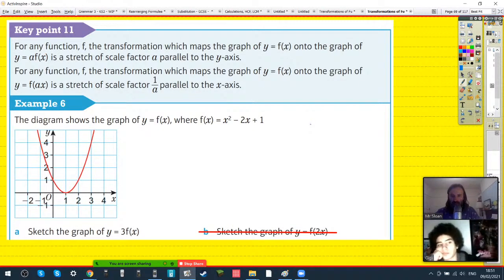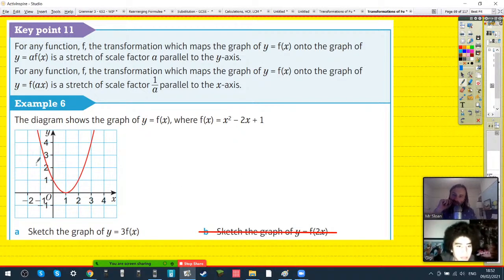Sketch the graph of 3f of x. How will we do that? You would expand it by 3.